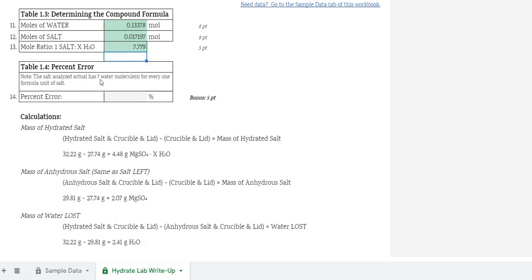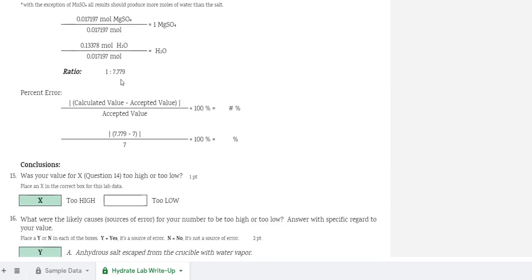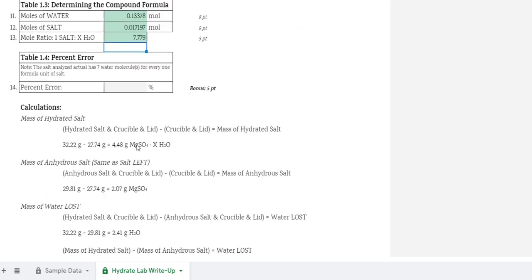Percent error allows us to determine how far off from the expected value we were. You'll take the absolute value of the calculated value, your lab value, minus the accepted value. You'll then divide by the accepted value and multiply by 100%. You can see that here in the form, but I'll go ahead and write it down anyway.